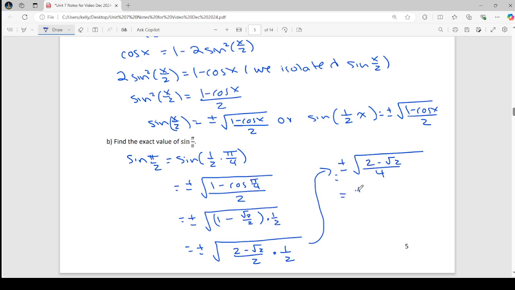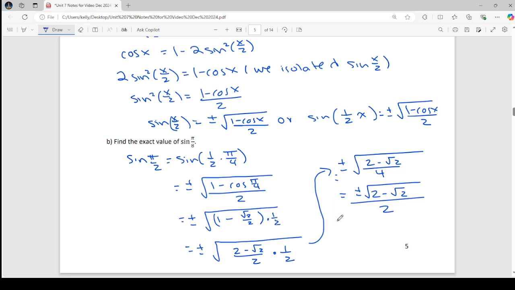But you can take the root of the denominator, however not the numerator, and you would get plus or minus root of 2 minus the root of 2, all over 4. So you honestly can check the sine of pi over 8. We'll have these 2 possibilities.